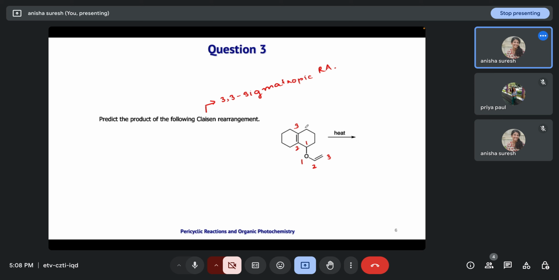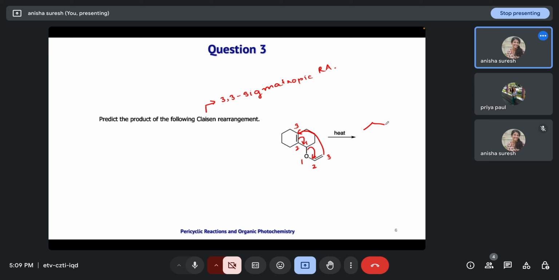Able to draw the product? I have written the product, but I don't know if it is correct or wrong. Okay, I will just draw the mechanism. A new bond will be formed, and the arrow pushing will be in this fashion. This will shift here and this bond will break, resulting in the formation of an aldehyde.